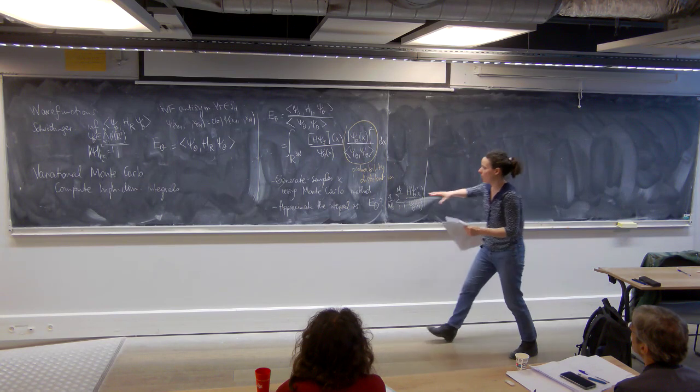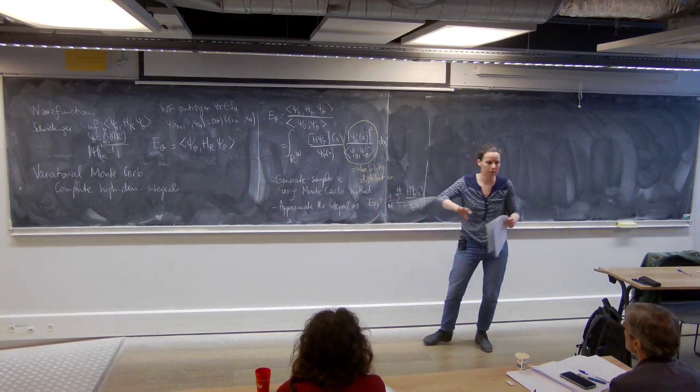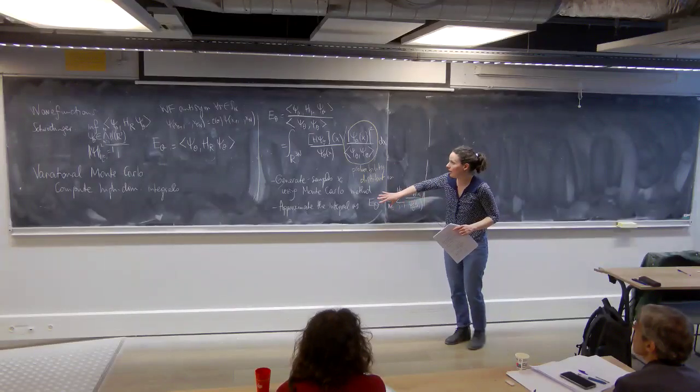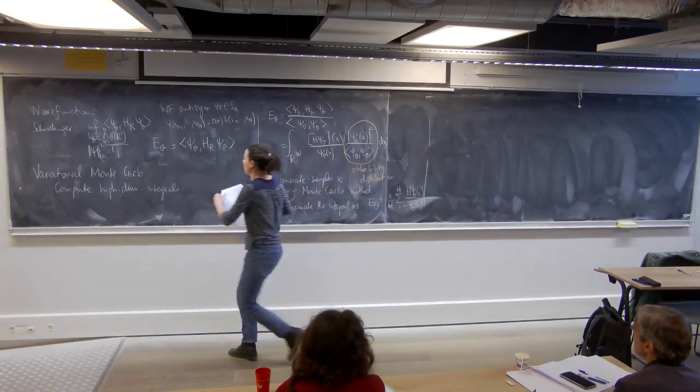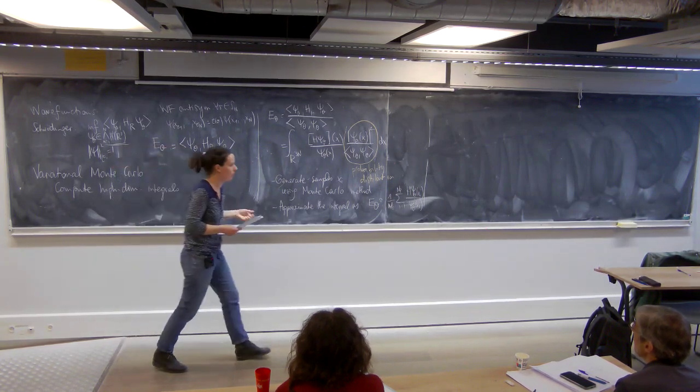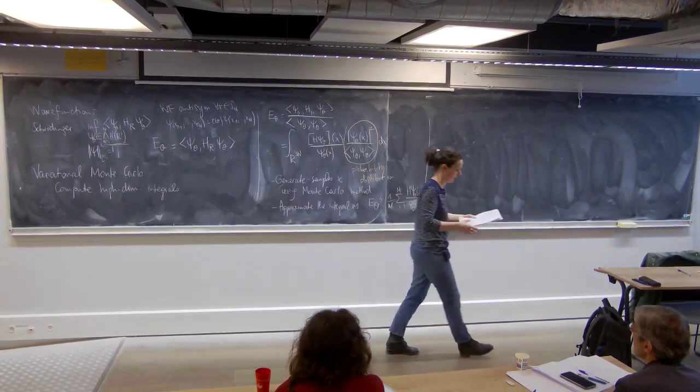And basically once the energy is approximated by this, then to minimize over theta, a stochastic gradient method is typically used.